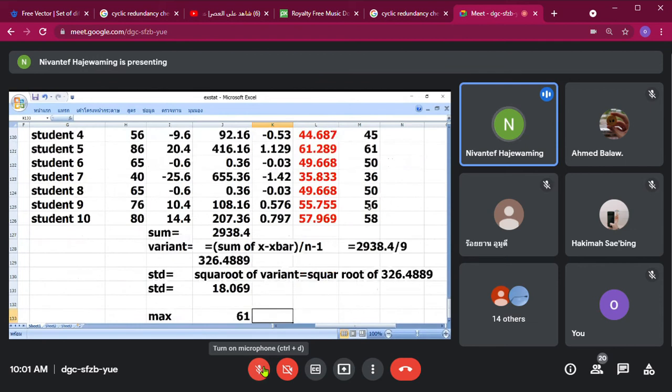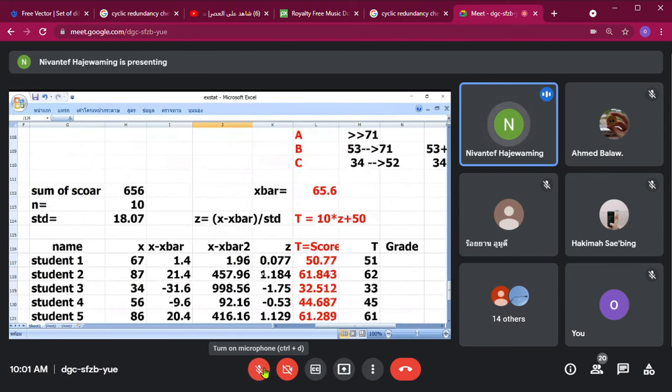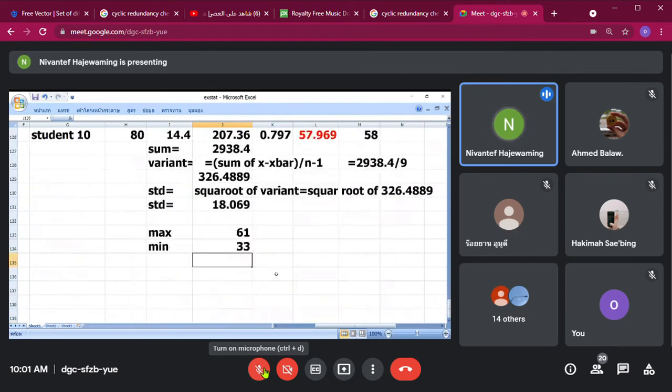The range is the difference between max and min, so max minus min. We will get 28.